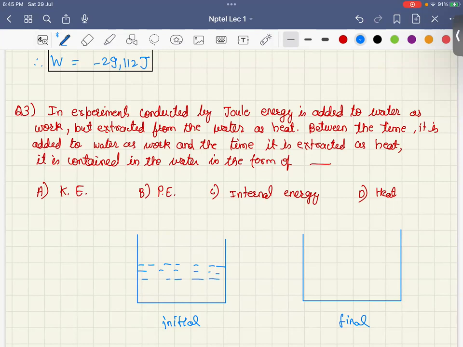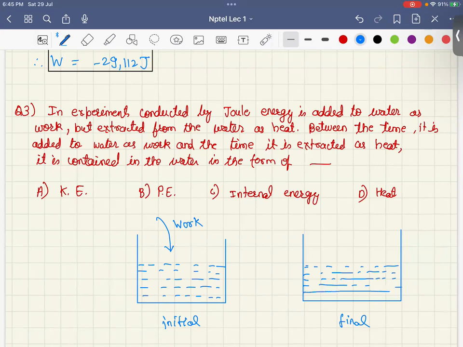Now what is being done in Joule experiment? We are adding work into the system, right? As a final thing, we extract this work.